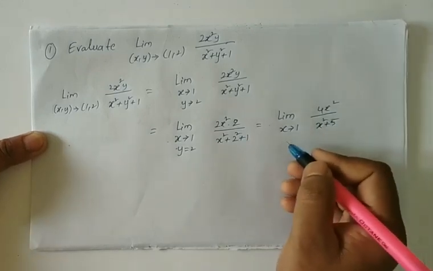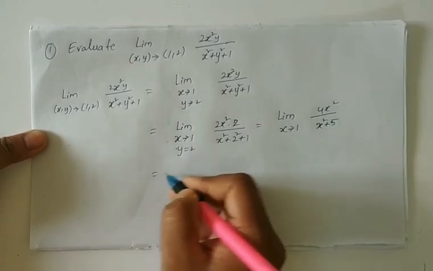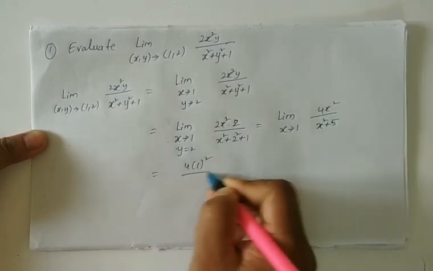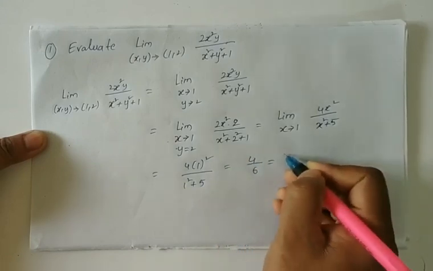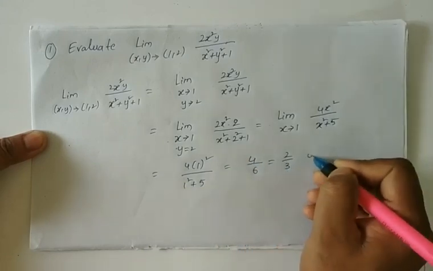So next we substitute x is equal to 1. That gives 4 into 1 square by 1 square plus 5, which is 4 by 6, nothing but 2 by 3, which is finite.